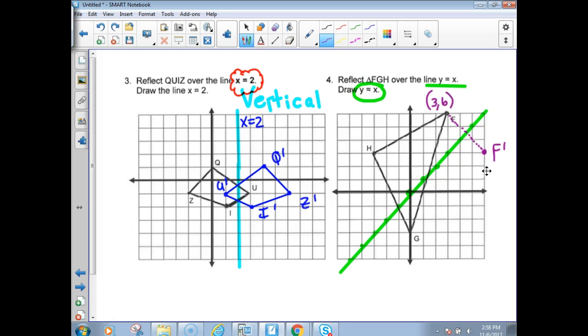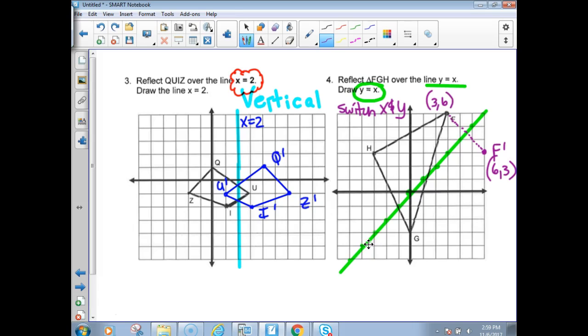Now, I've already shown you where F prime is. It's at 1, 2, 3, 4, 5, 6, 1, 2, 3. So what happened to the point? The x and the y switch, okay? Switch x and y. That's what you got to do to go over that line.